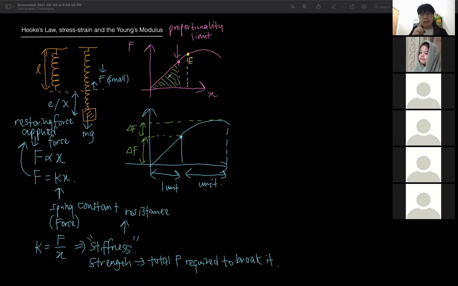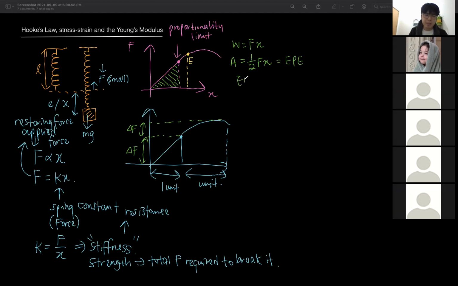So when you calculate energy, work done is equal to the area under the graph. So work done equals force times distance, and the area under the graph equals half force times distance, because we are dealing with this triangle here. The area under the graph is equal to EPE.